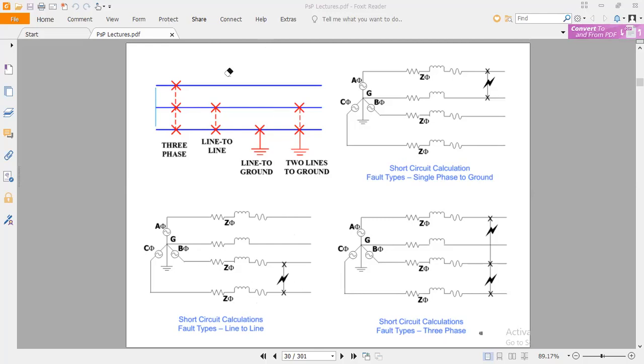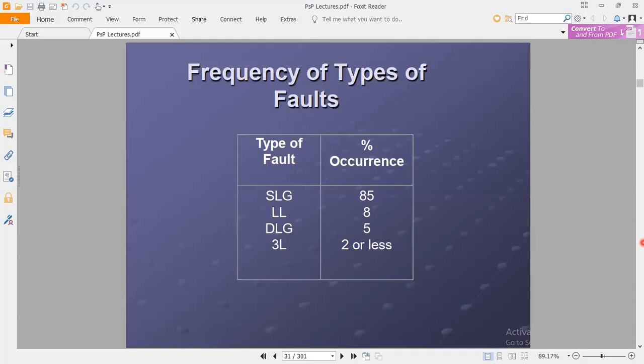In the third category, short circuit calculation would also be observed. Further, when the second and third phases combine with each other, that would become a short circuit, and we can say it's a symmetrical fault. So these are the three categories of faults.